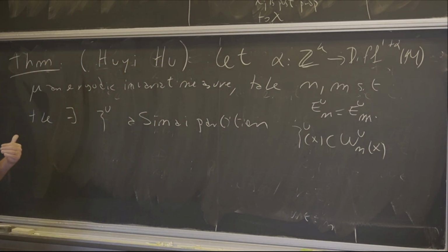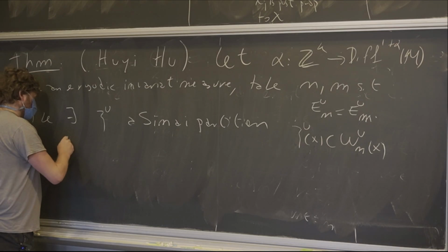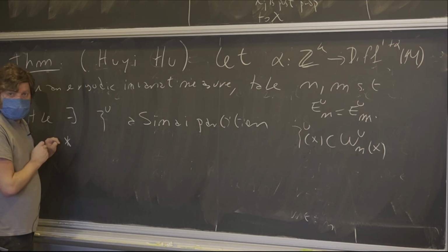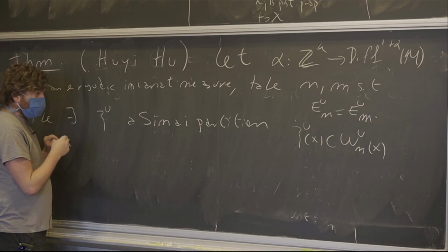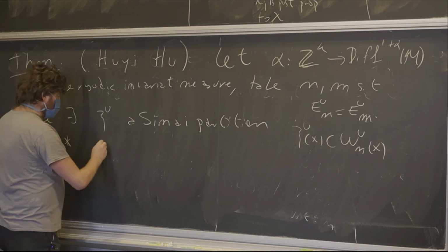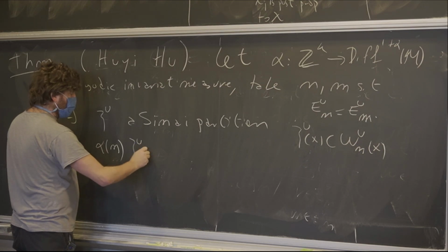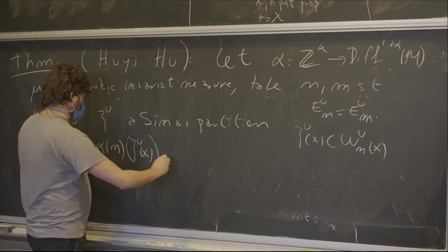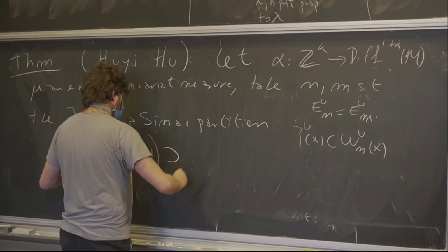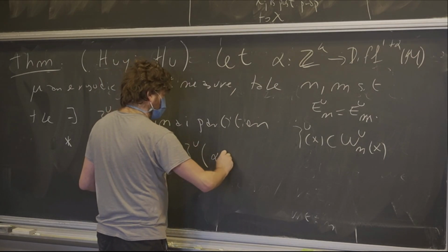And here, what is really important, remember what was really important about Sinai partition, was the bullet that I forgot, which I put later, which is that this partition is increasing. So when I do alpha_n of psi^u(x), it contains the psi^u.